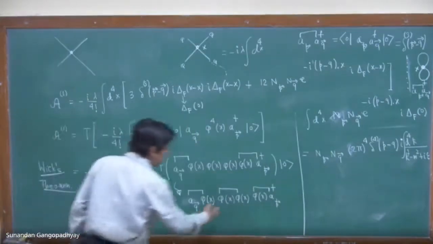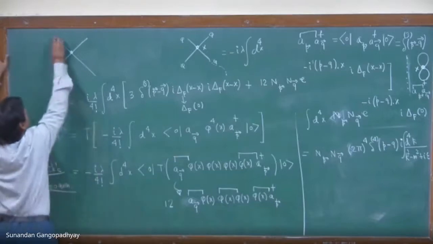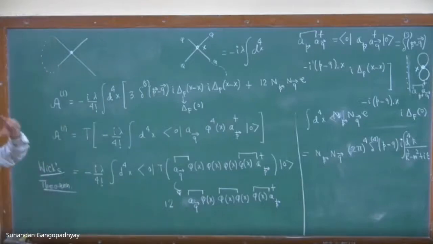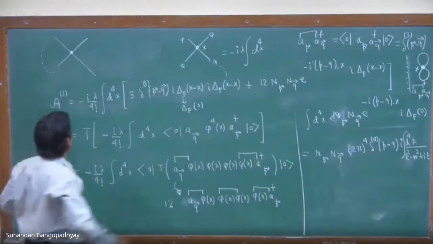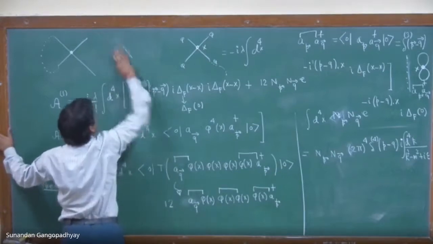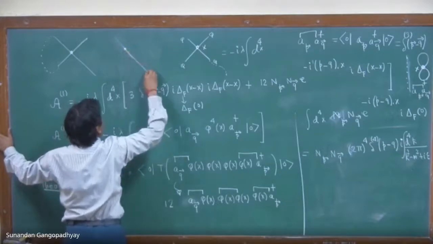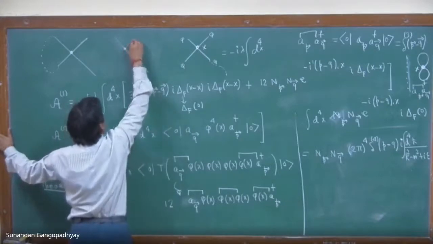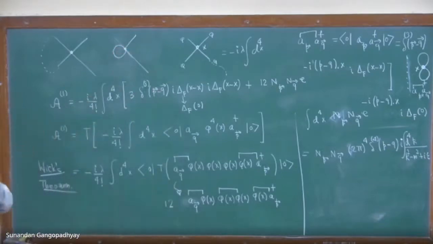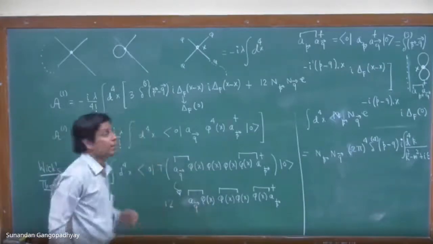Then you have this phi contraction. So this is the contraction of two phi's. This is contracted like this. So what do you get at this moment? You get something like this. And then you have a with phi.